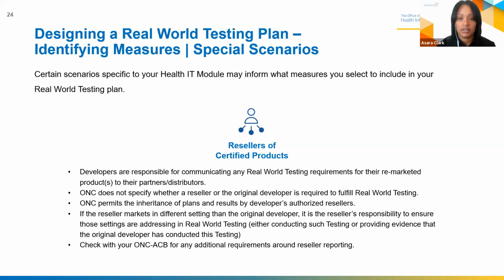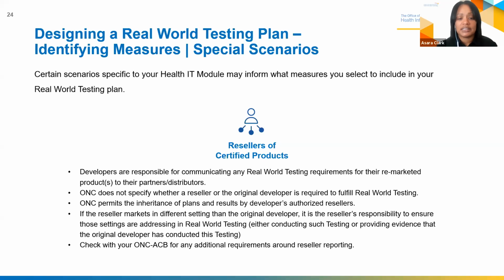So it still has to be subject to the requirements and still has to undergo real-world testing for those listings. ONC permits the inheritance of plans and results by developers' authorized resellers. So that's something you also want to be sure to communicate with your partners.